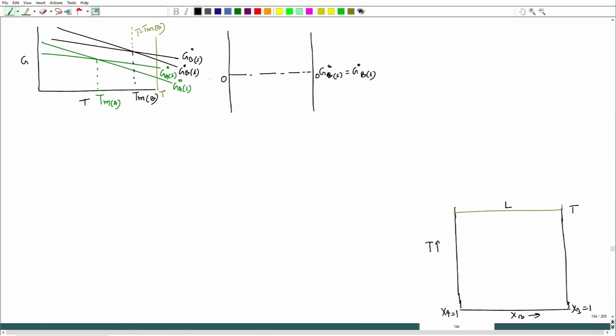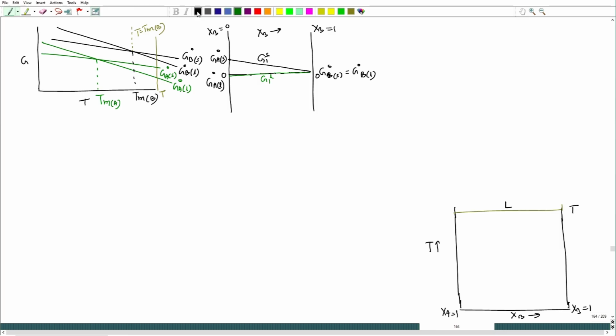This is a reference zero value, and here it is G A naught liquid zero value, and this point is G A naught for solid. X B is varying this way, X B equal to 1, X B equal to 0. Now, this is G1 liquid.